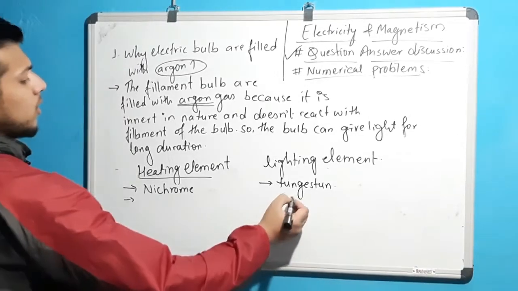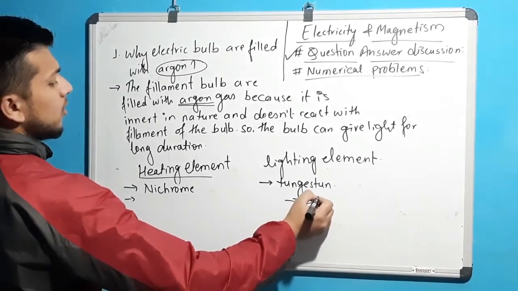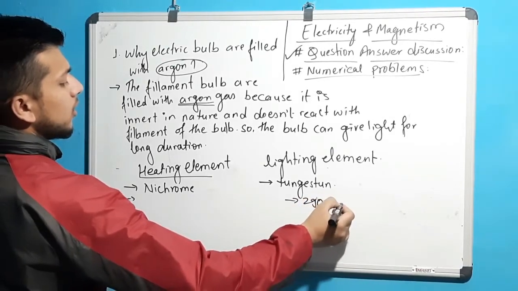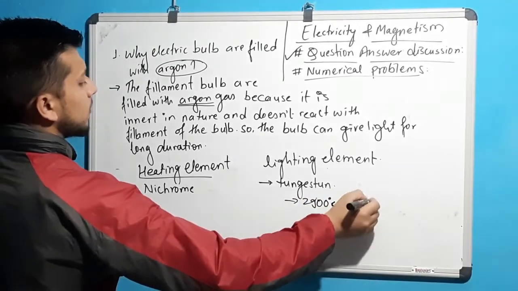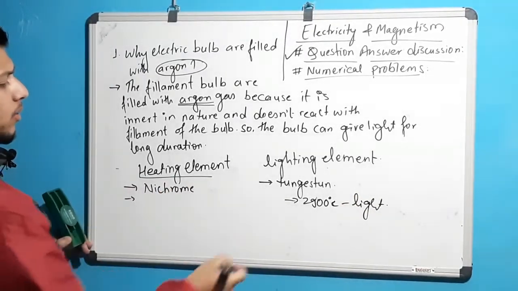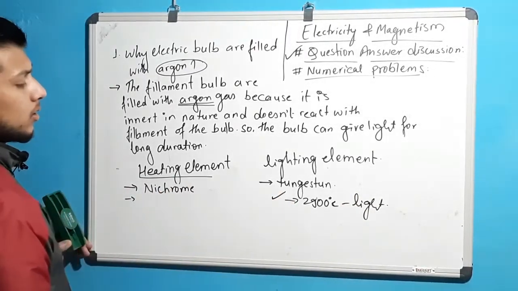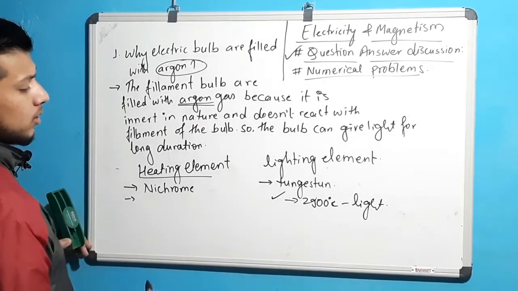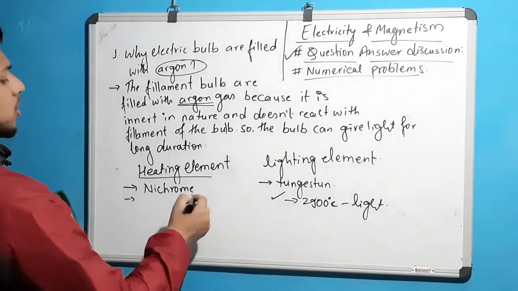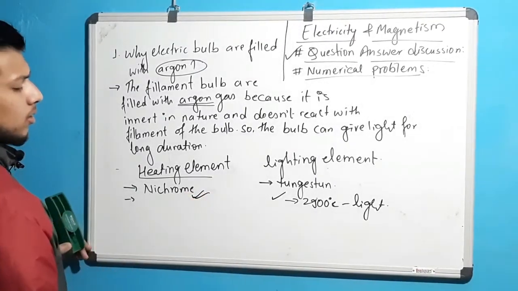Tungsten, when heated up to 2900 degrees Celsius, gives light. When we pass high voltage, it starts to emit light. But nichrome does not emit light.